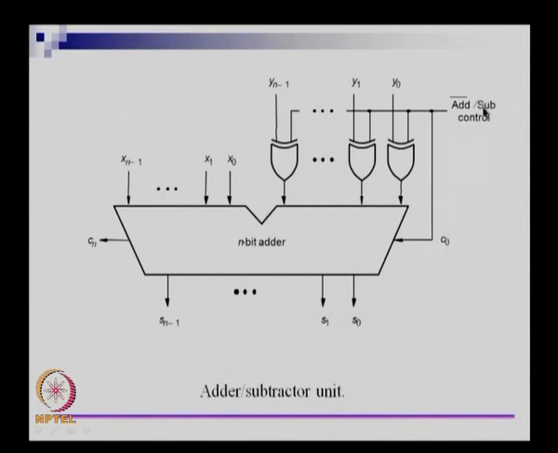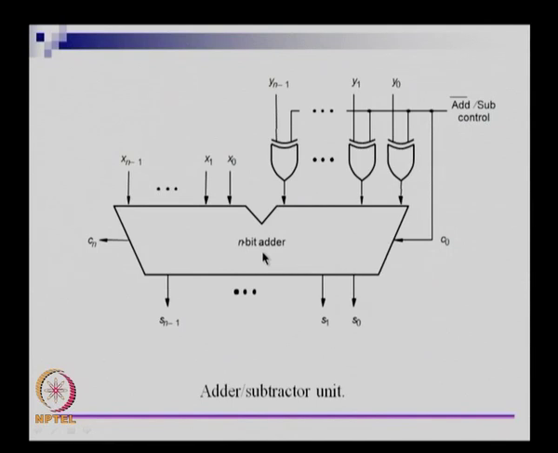So, essentially, if sub equals 1, we will have xn minus 1 to x0 added to yn minus 1 complement to y0 complement, and then another 1 will be added to it. That will be the result that you will get, and this number will again be a 2's complement number. So, the interpretation can be a direct 2's complement number. This is a very beautiful circuit, and this is how it is internally implemented in processors.